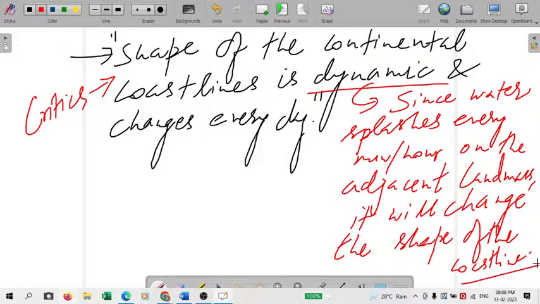तो क्रिटिक्स ने ये बोल के वेगनर को, they did not accept that fit of the continents due to the shape of the coastline is a right evidence. So they said that अरे वो तो पानी splash होता है, the water alters the shape of the coastline every minute, every hour. तो आज जो shape दिख रहा है, how can we say that this was the shape 200 million years ago?